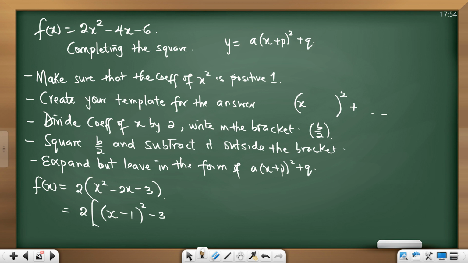Subtract it. You must subtract it. This is the shortcut there. What do you have? x minus 1 squared. What is minus 3 minus 1? Multiply by 2. And that's your answer. We're done.